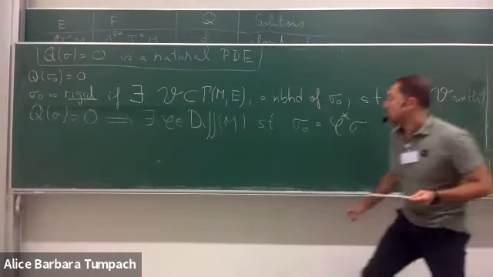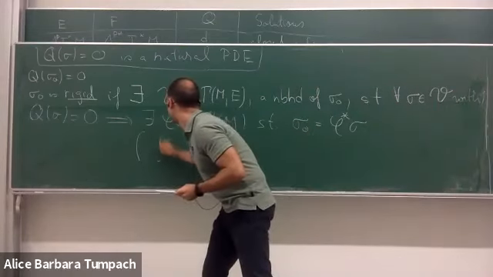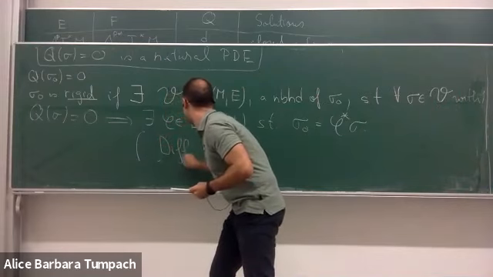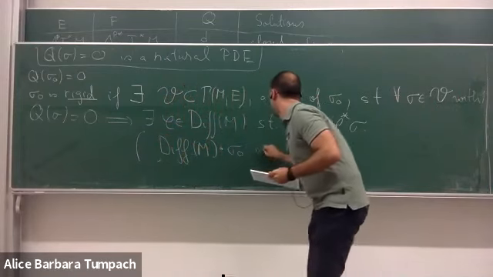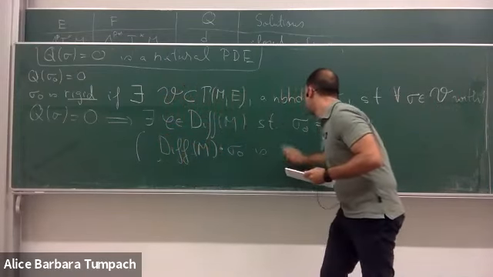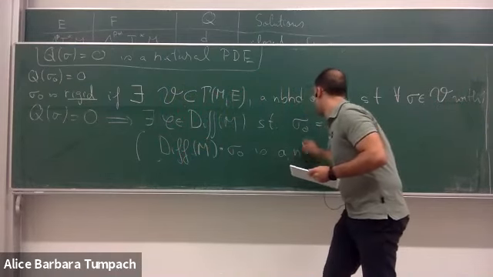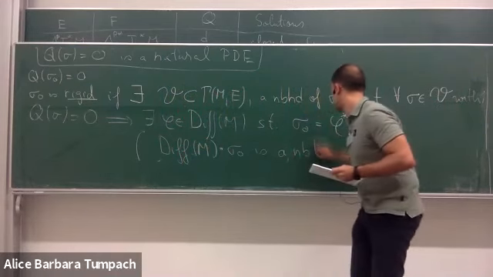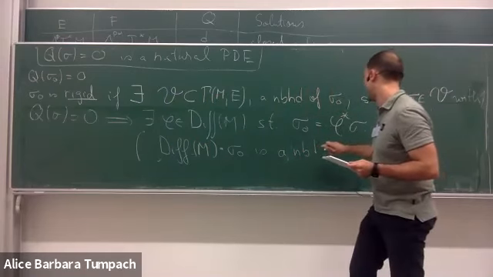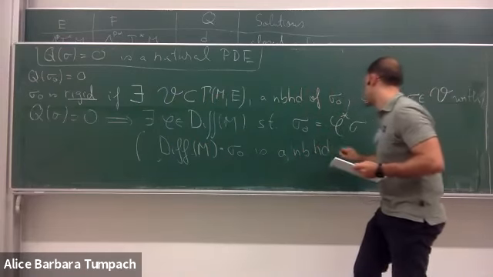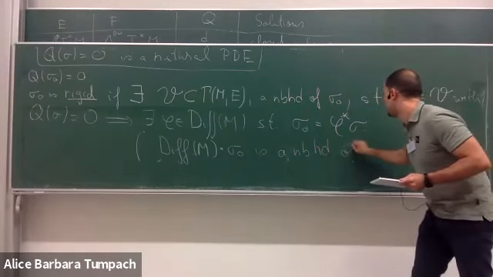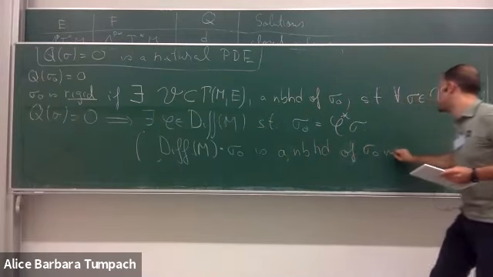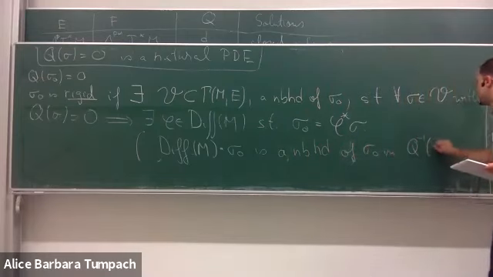Right, so in other words, it's exactly what I said before. The diffeomorphism of M times sigma 0 is open, or is a neighborhood of sigma 0 in Q times 0, in the solution space.